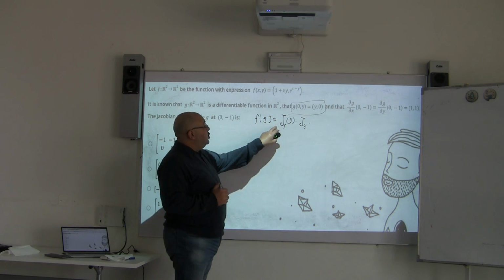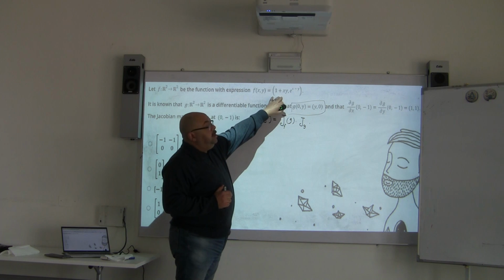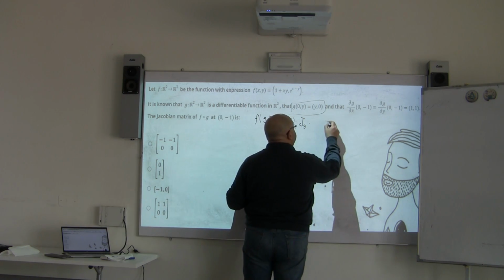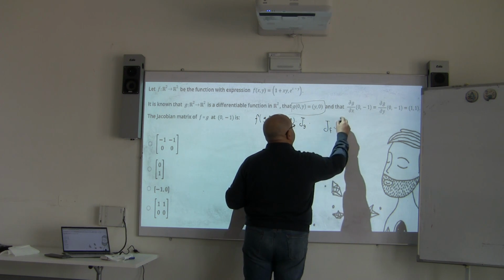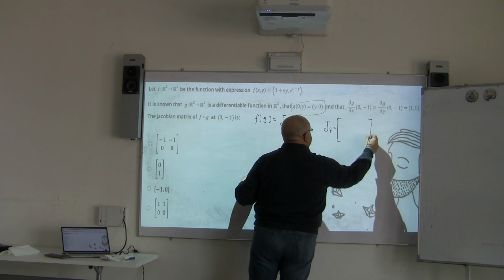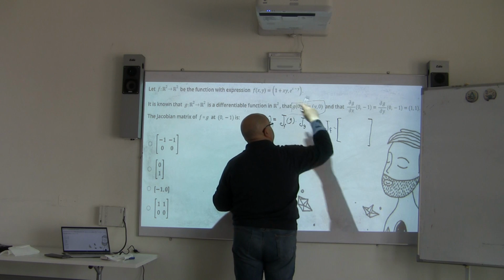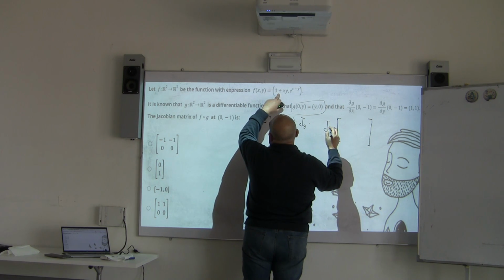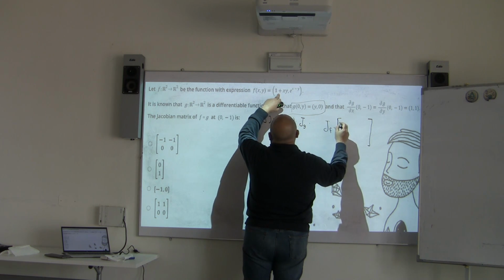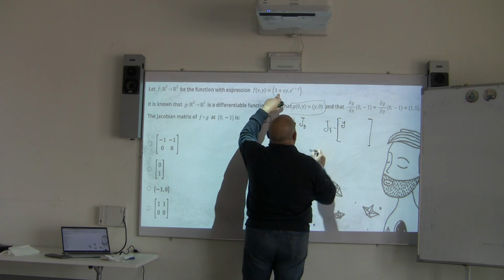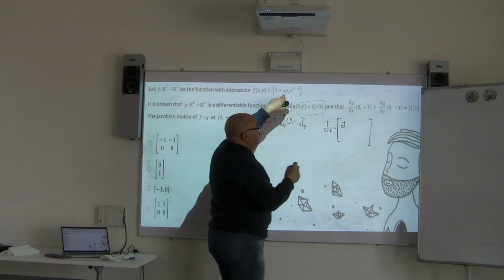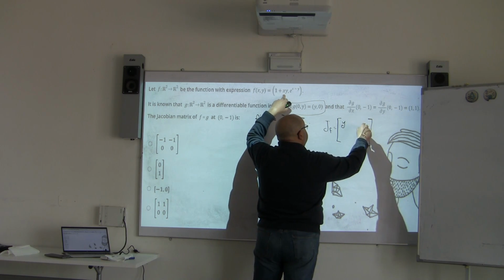In order to get the Jacobian of f, I will need to differentiate this function. The Jacobian of f differentiates the first function with respect to x and y. So I will differentiate 1 plus xy with respect to x, which gives 1. I will differentiate 1 plus xy with respect to y, which gives x.